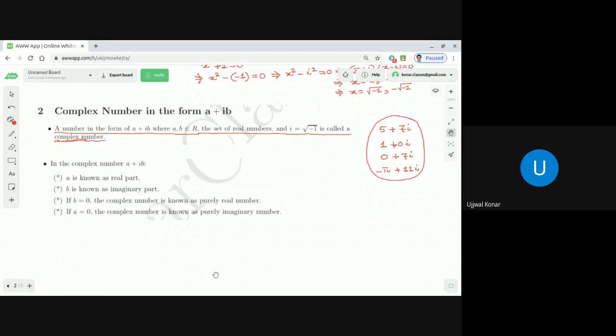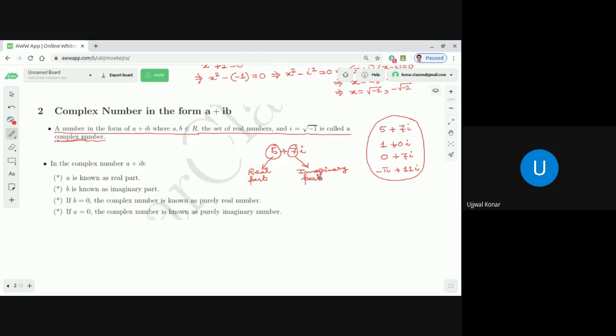That means in the number 5 plus 7i, 5 is known as the real part, and this 7 is known as the imaginary part.